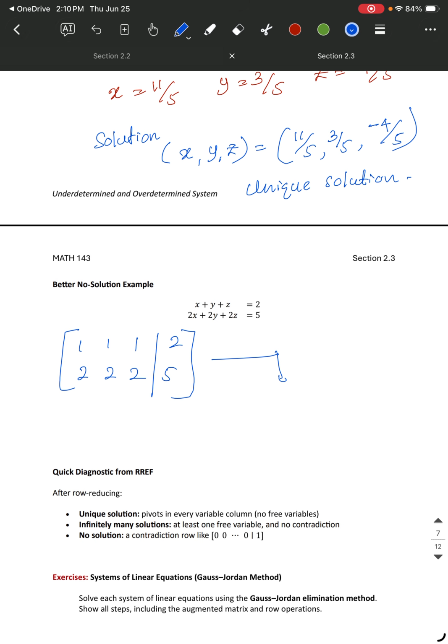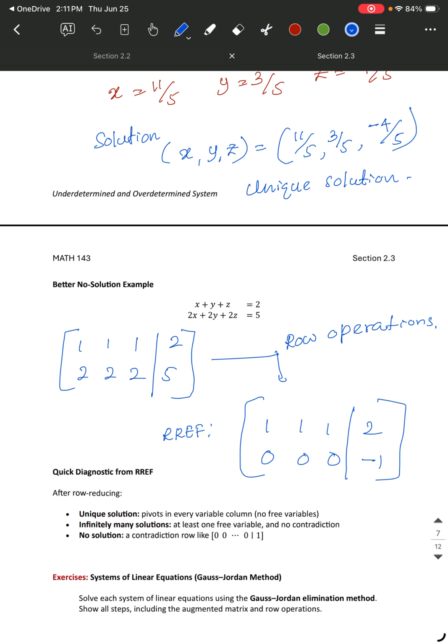The RREF could be 0, 0, 0, negative 1; 1, 1, 1, 2.